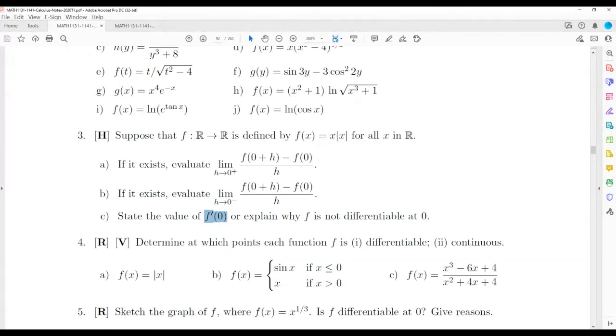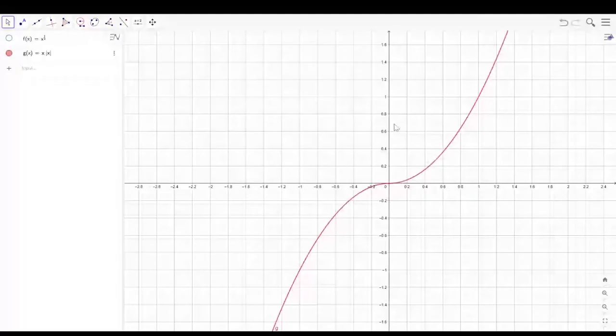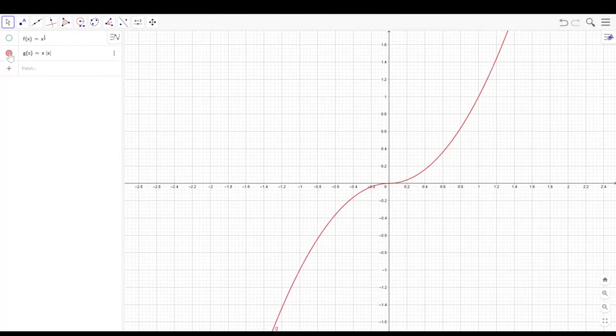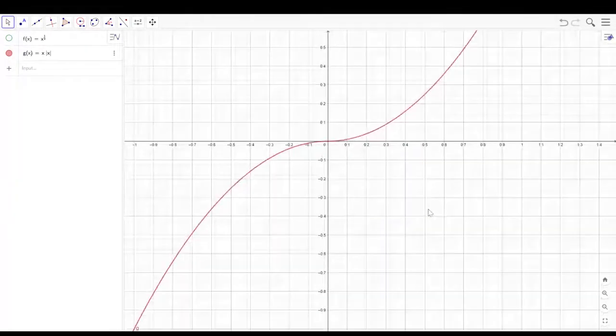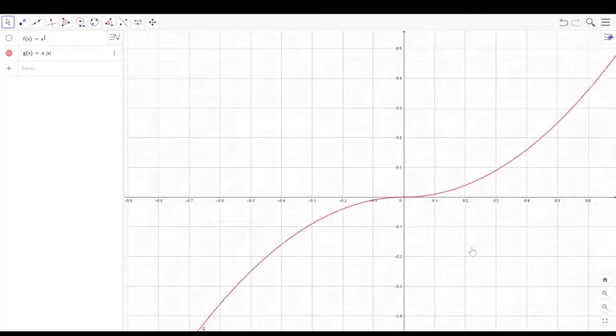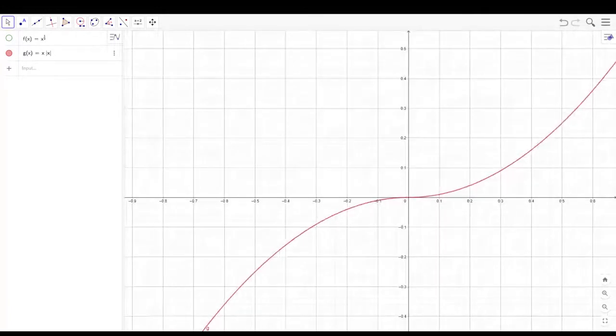Let's, first of all, let's plot the graph. Okay, so there it is. So did somebody say GeoGebra? So there it is. Now, who can tell me on the chat from the picture, does this function look like it's differentiable at x equals 0?